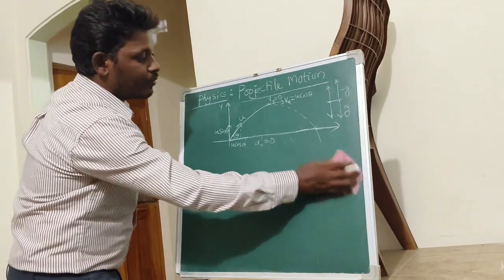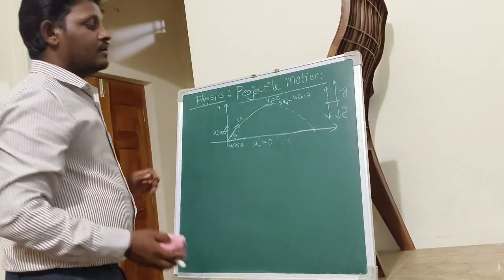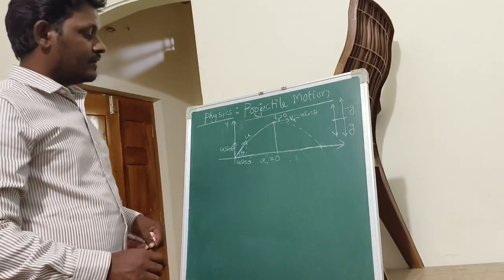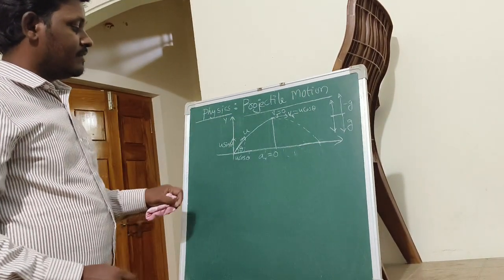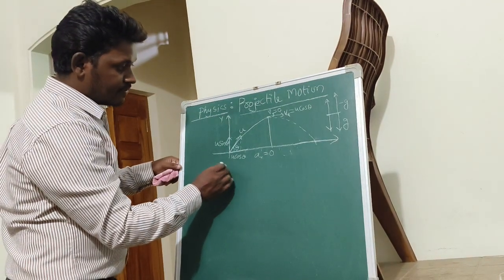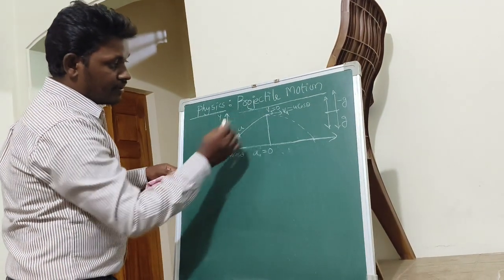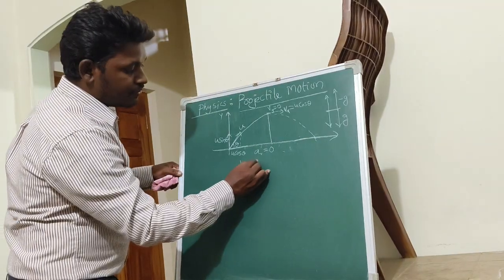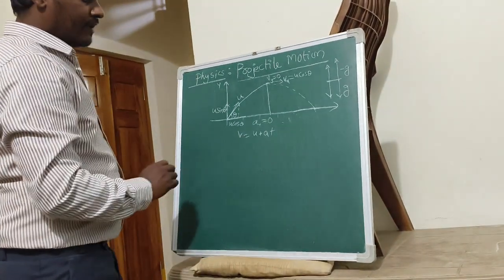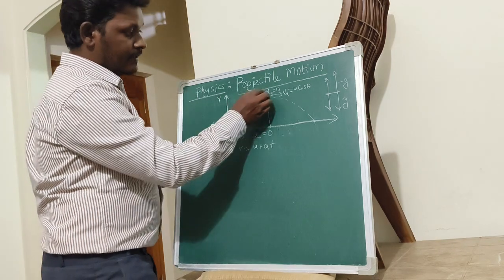Let us see the time taken by the body to reach maximum height. To find that time, we know that v equal to u plus at. We want the time from here to here.